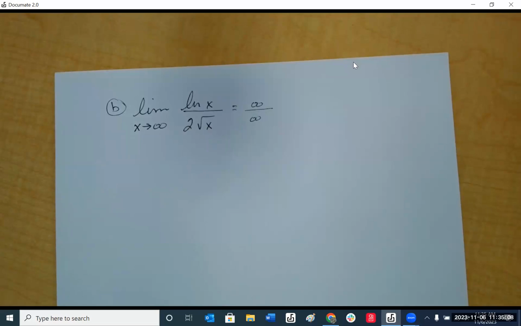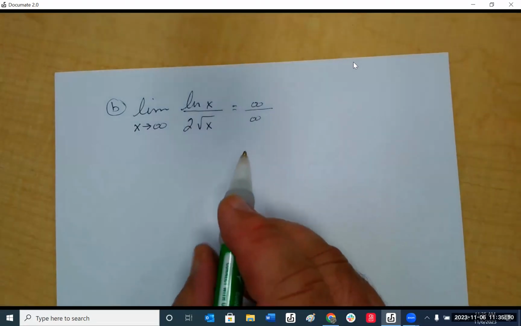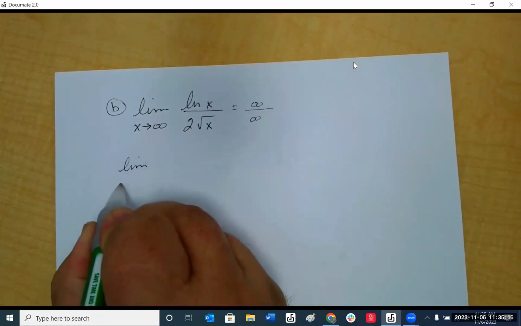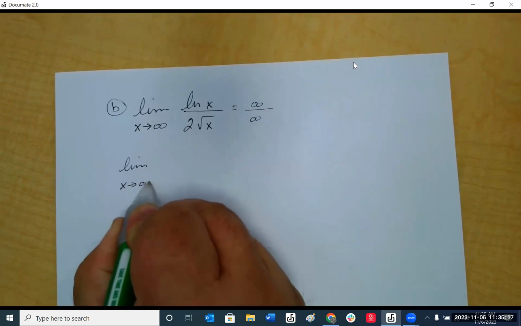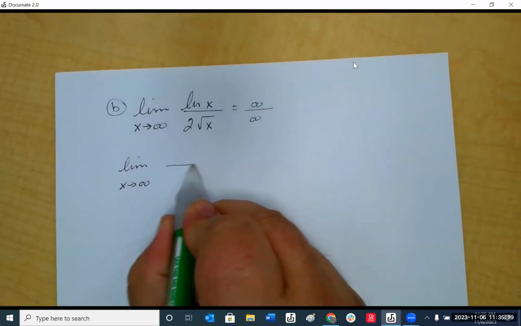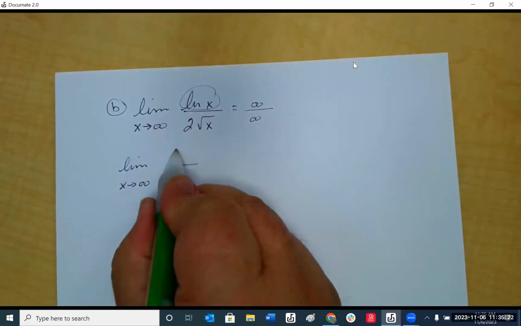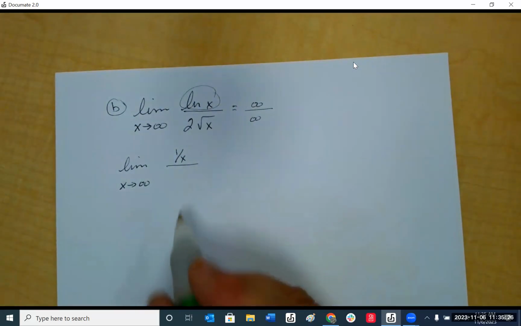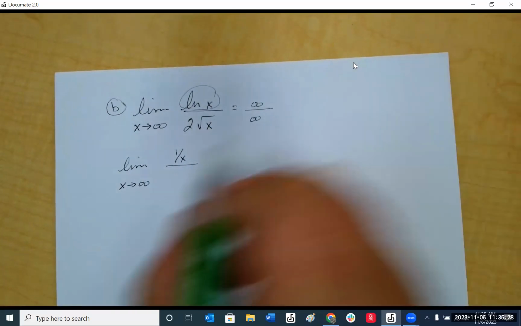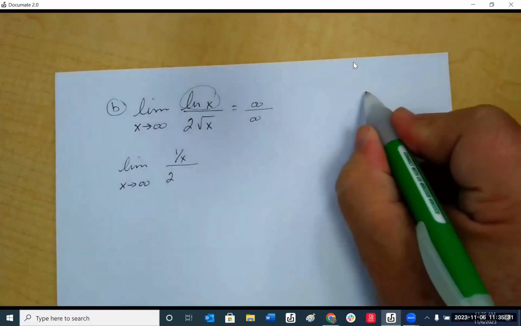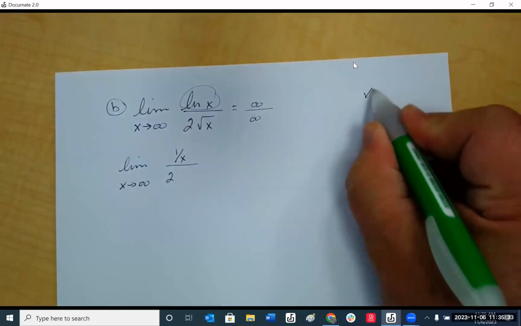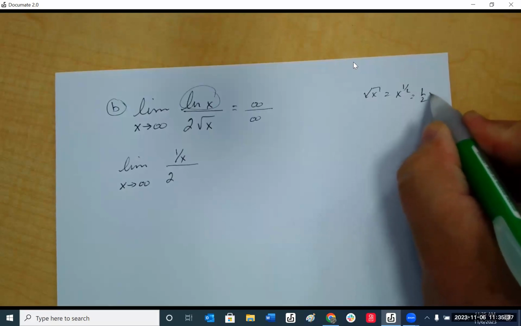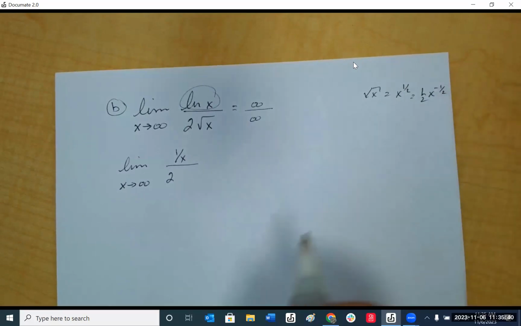Now we can take the derivative of it. As x approaches infinity, the derivative of the top is 1 over x. And of the bottom, square root of x equals x to the power 1/2, so the derivative is 1/2 x to the negative 1/2.